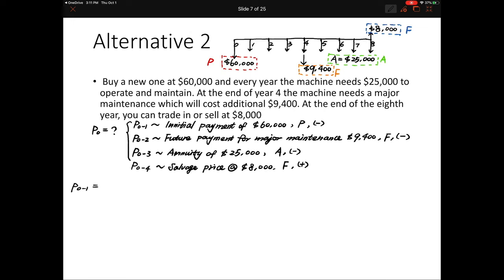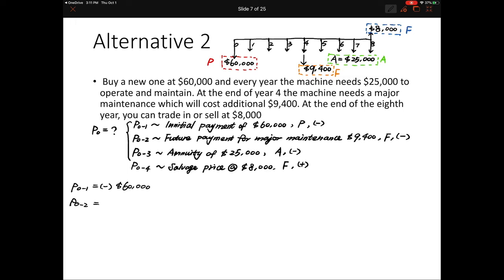So P01, that is already happening at the present time, time 0, so you don't have to do any compounding or converting. It is negative, of course, it's a cost, 60,000. So no calculation needed.